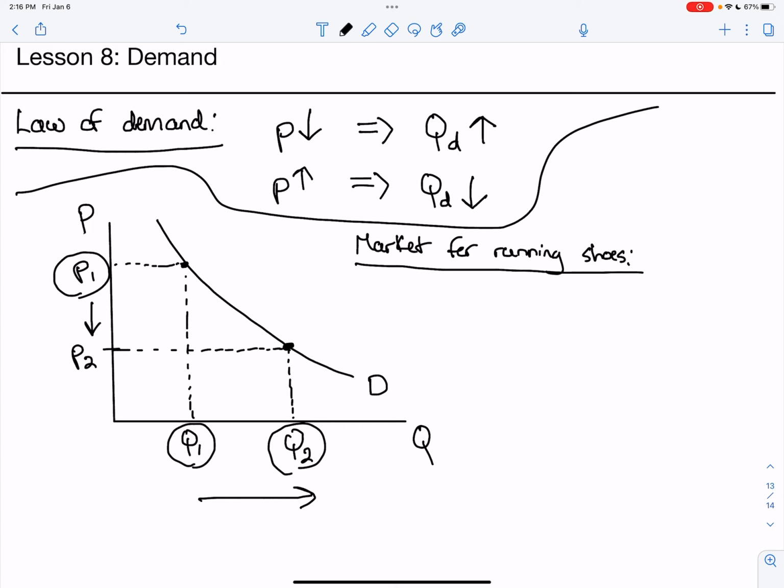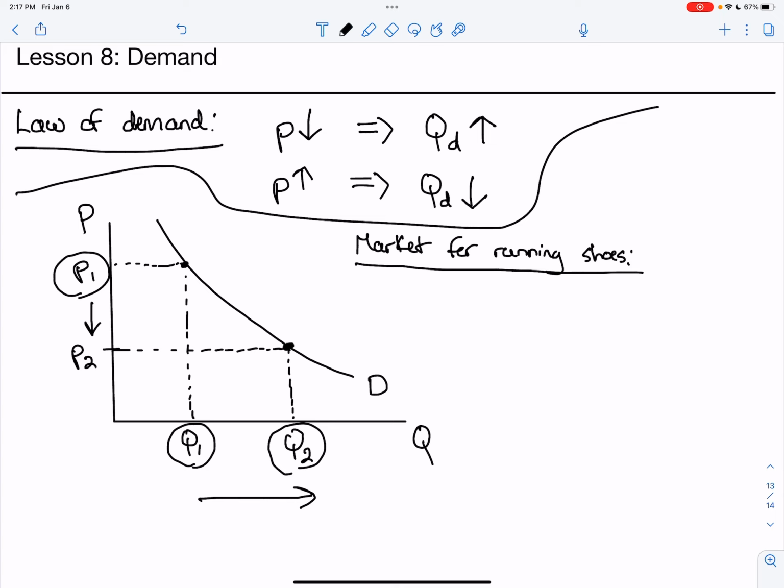The demand curve represents quantities desired at every price. Okay, now there are several prices represented along this demand curve, and there are several quantities represented along this demand curve. What the actual price and the actual quantity demanded will be at any given time will be determined by other factors, which we'll talk about later.